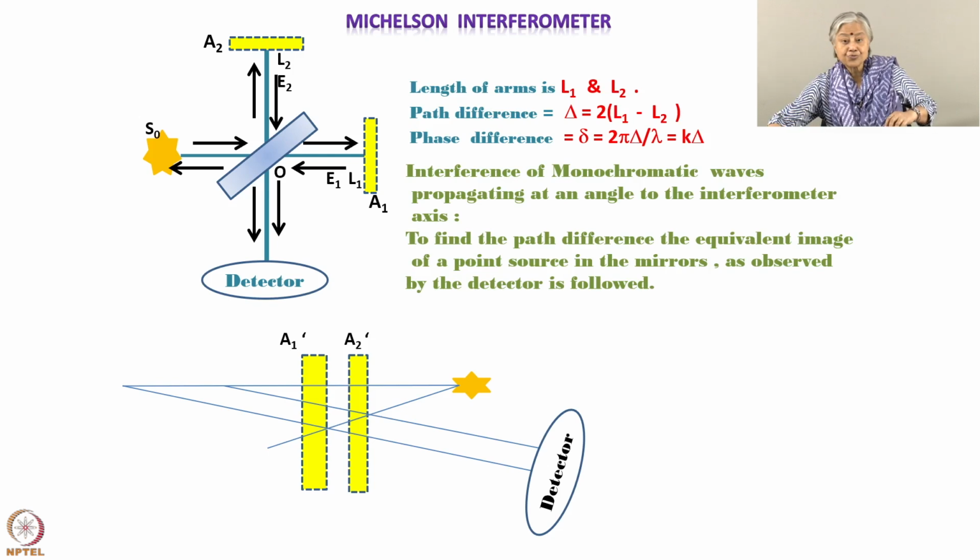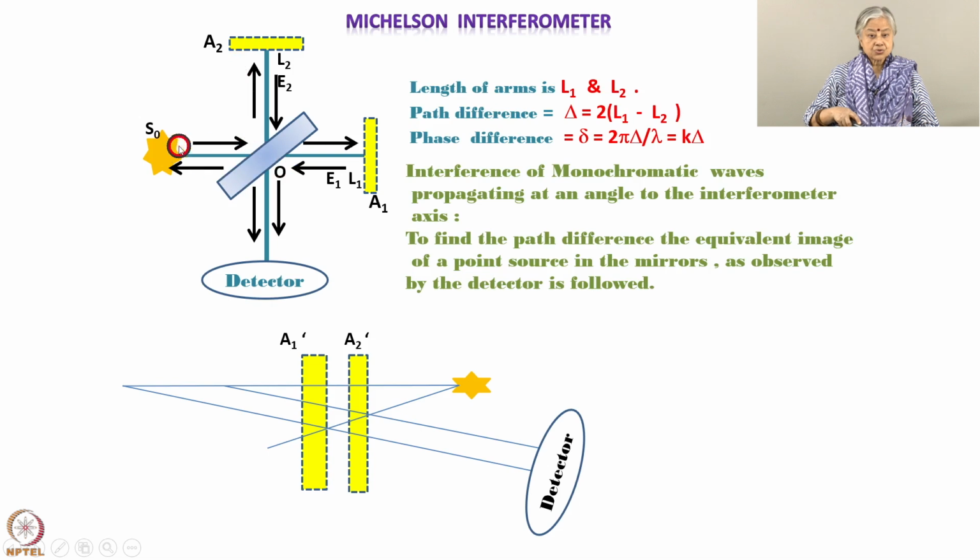I will just describe it quickly once again, as you already know. A2 represents one mirror and A1 is another mirror. This is a source of light, and this is a plate at a 45-degree angle, which means it is partially transparent and partially reflecting.